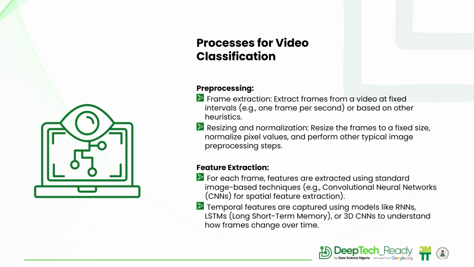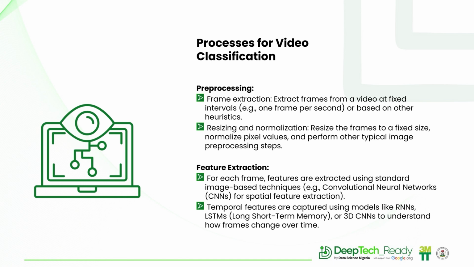Then we also have other preprocessing like resizing and normalization. Most times in video classification, you are not really talking about data augmentation because you have enough frames to deal with. But sometimes the video is of low quality, the FPS is of low quality, and you need to do some upsampling or augmentation, but people hardly talk about that when analyzing frames, unless you want to start doing video generation and train on more videos.